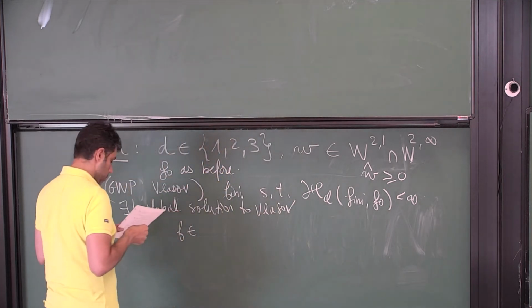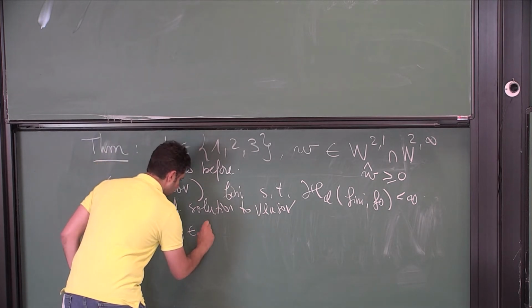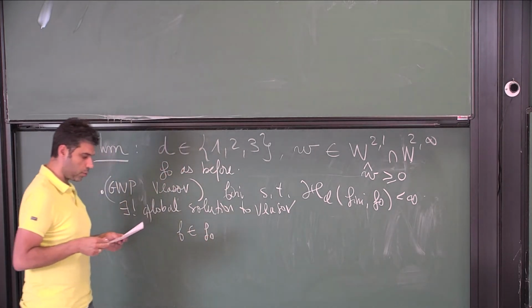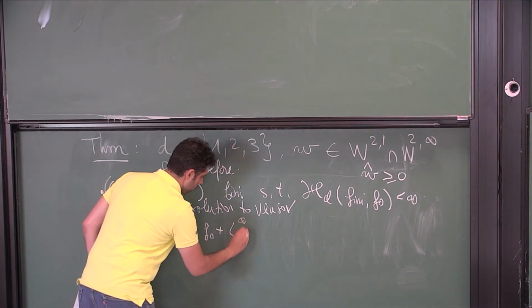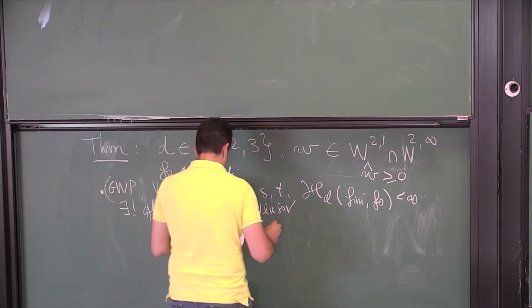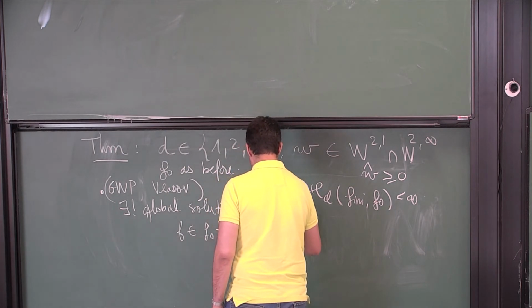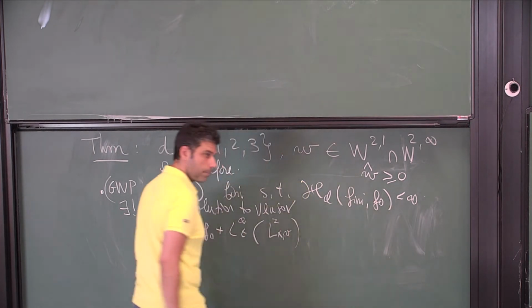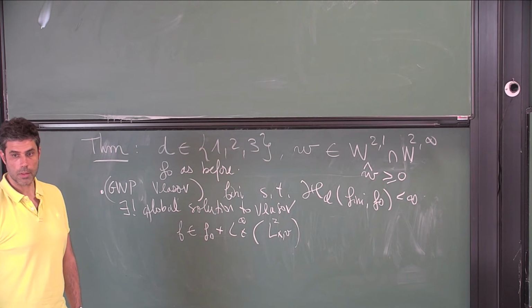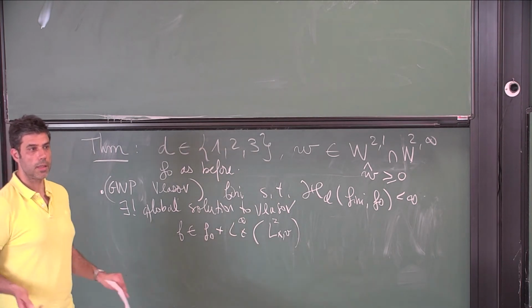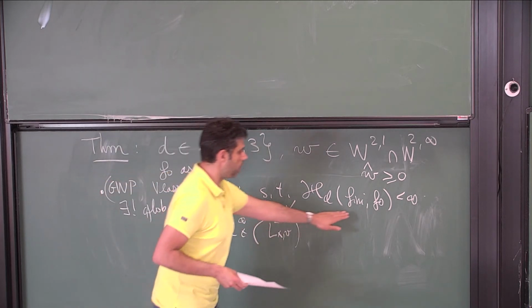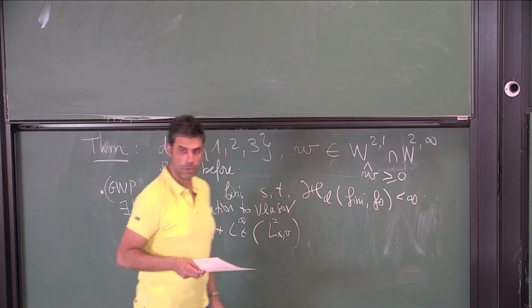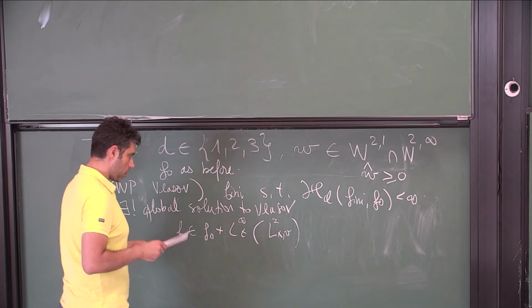As usual, one has to be a little bit careful about the spaces. So it's going to be a perturbation of F0. So it will be F0 plus something bounded in time with values in L2 in phase space. So the fluctuation will stay in L2. This actually implies that the difference is in L2, and this will be conserved.